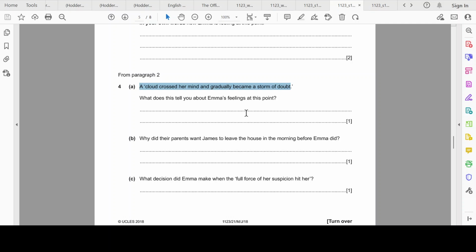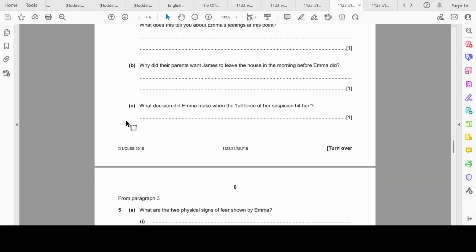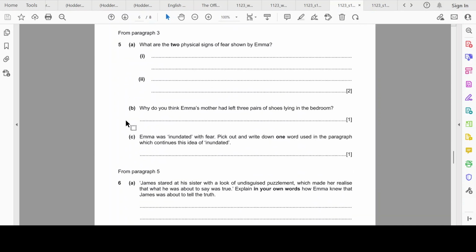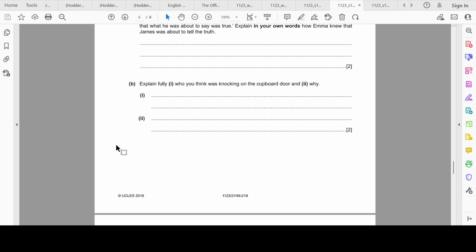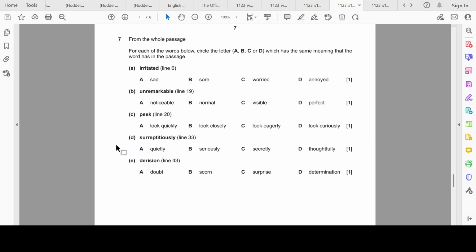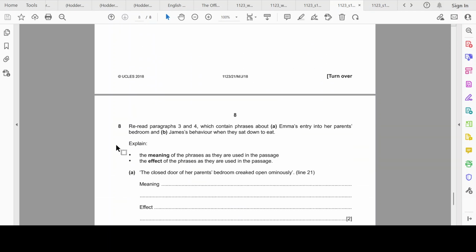So you have a mix of question types from question 1 and question 2. Right, own words. Explain who you think was knocking on the cupboard and why. All of those. They've got these vocabulary MCQ questions which are no longer in the syllabus but still helpful.